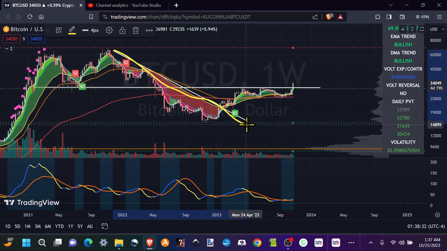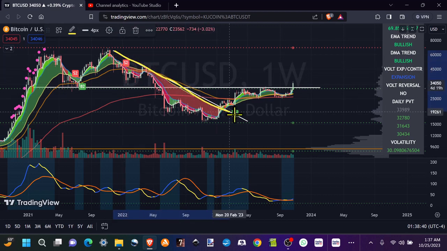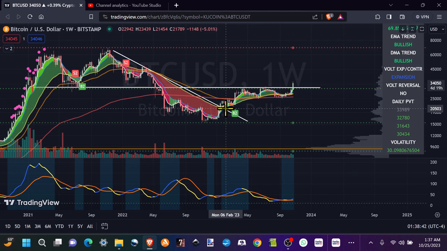My line's not very straight, let me see if I can fix that. Right here, we can see that. We broke that on the week of January 16, 2023, the beginning of the year.